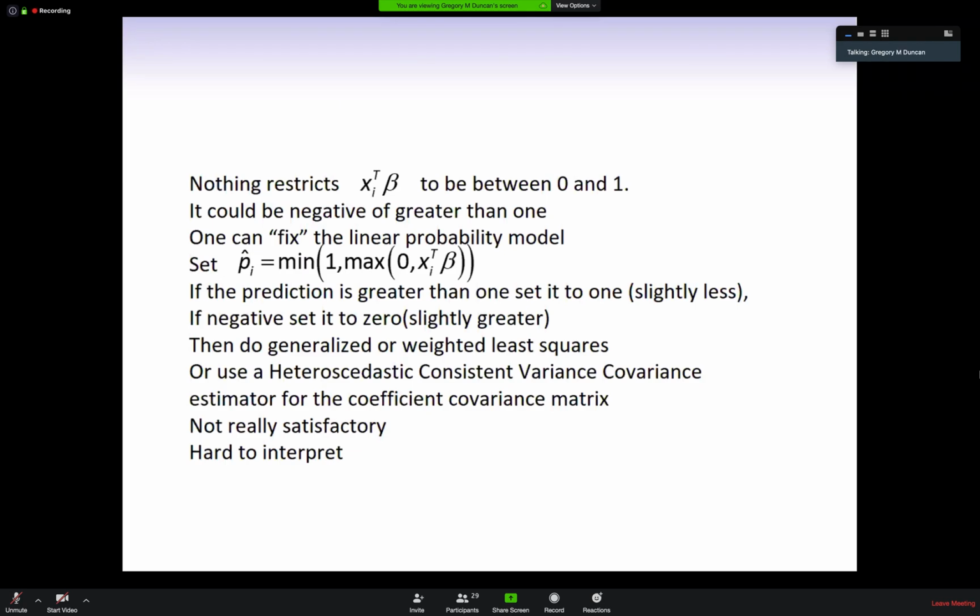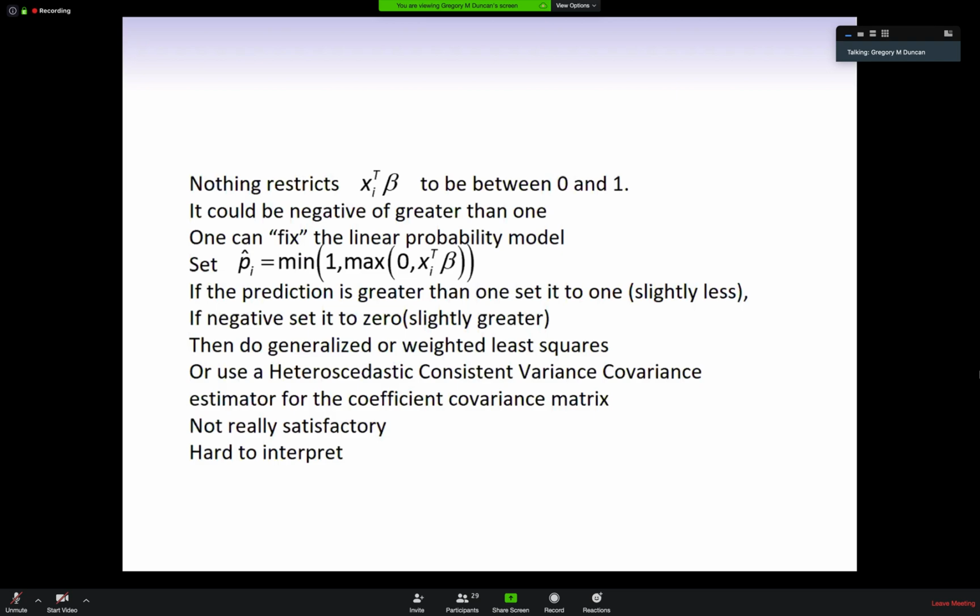It turns out there is a paper by Victor Chernozhukov, you'll hear about him a lot in this course, where he shows that this actually fixes the linear probability model, that it is a principled thing to do, and it actually reduces the mean square error.